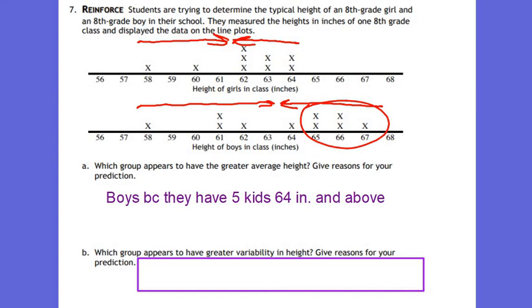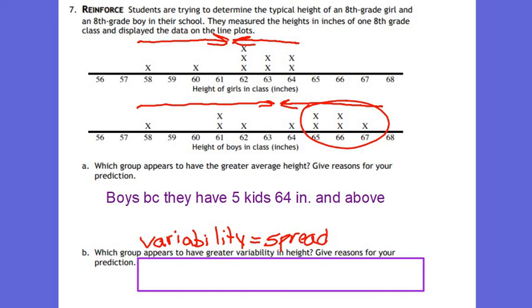B, we're learning a new vocabulary word, and that word is variability. Might want to write this. Variability means the spread of the data. We talked about spread yesterday.